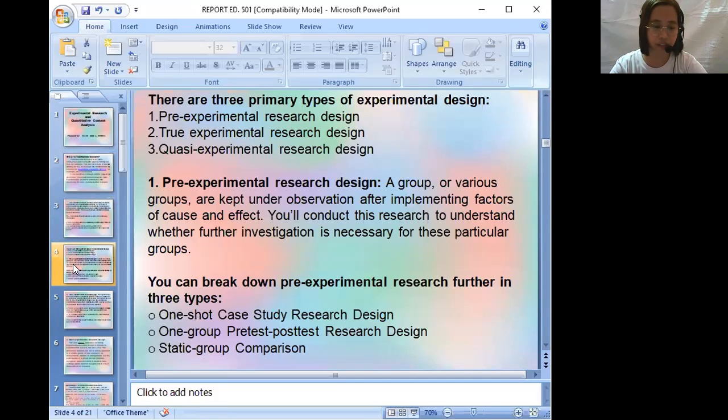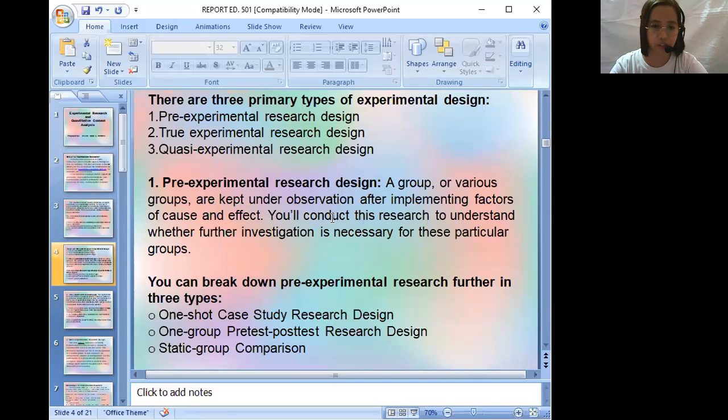There are also three primary types of experimental design. First is pre-experimental research design. This is a group or various groups that are kept under observation after implementing factors of cause and effect.